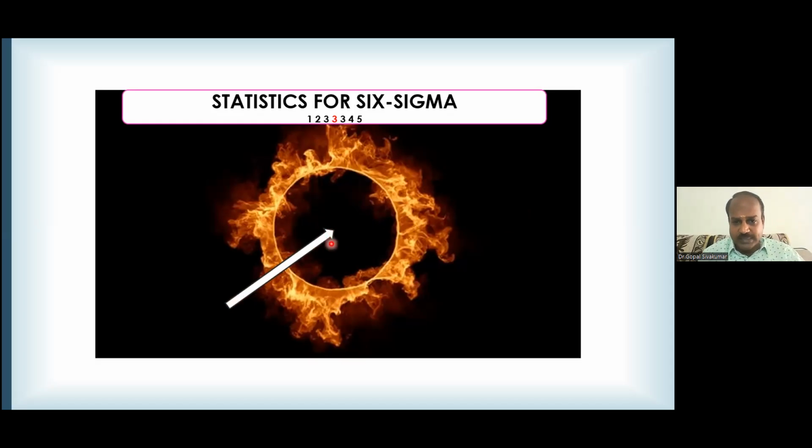Now, what are we targeting here? We are targeting here to jump through the center of the ring. And now, after executing several jumps, if you have data, calculate the central tendency using the data. If the calculated central tendency and the targeted point, which is the center here, both are the same, that means you are executing your jumping activity perfectly.